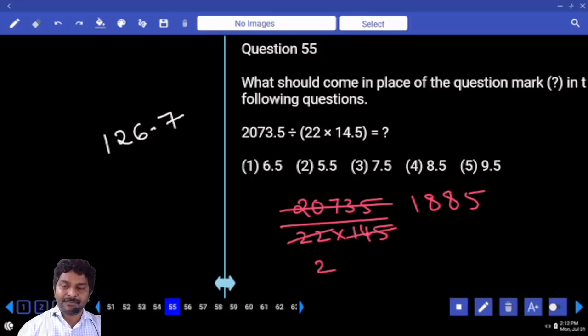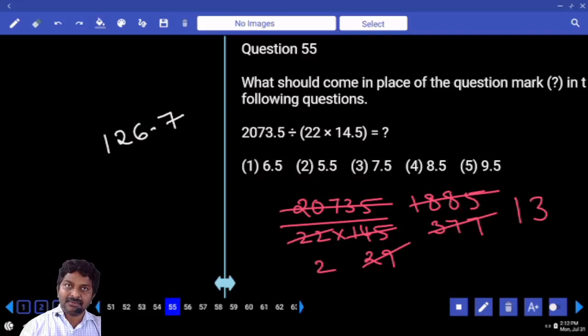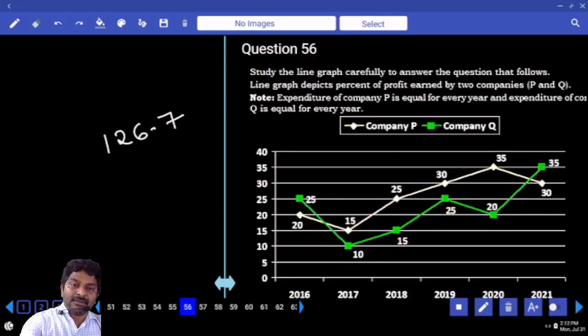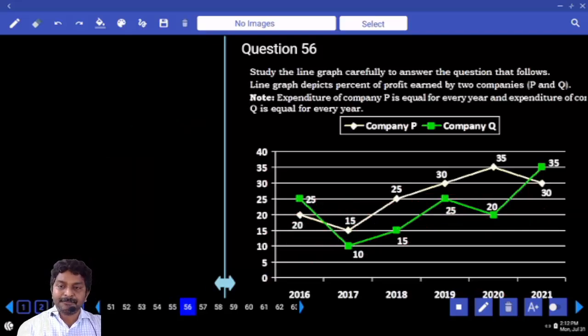Cancellation with 5, 29 times, 5, 3 times, 7 times, again 7 times, 29, once 29, 87, 3 times, 13 by 2. So can we do this in exam? Yes, continuation we can definitely do.